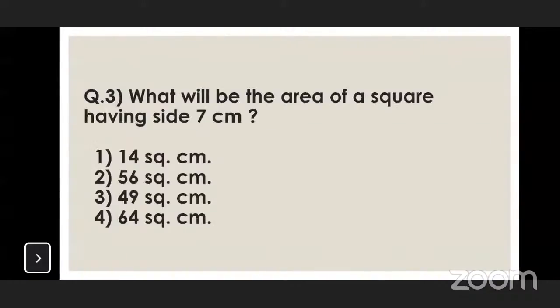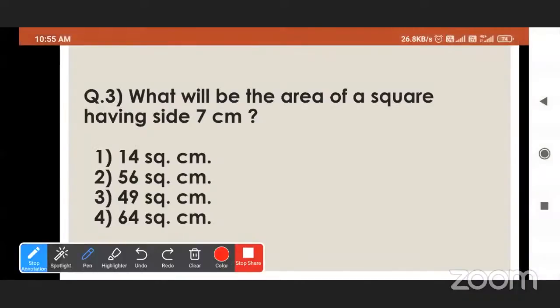Now, question number 3. What will be the area of a square having side 7 centimeter? Now, tell me the answer. Here S, that is the length of the side, is given as 7 centimeters.